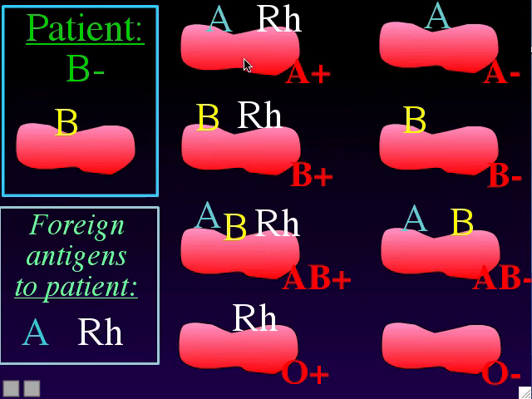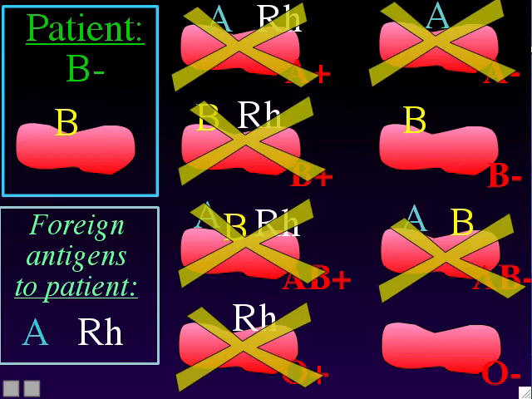So this has them, so we'll cross this one out, we'll cross this one out because it has the A antigen, we'll cross this one out because it has the RH antigen, that's a foreign antigen, we'll cross this one out because it has the A and the RH, which are foreign antigens, we'll cross this one out because it has the A antigen, which is a foreign antigen, we'll cross this one out because it has the RH, which is a foreign antigen. I think you get the idea. Just go through and cross out any and all blood cells that have the foreign antigens to the patient, like that.